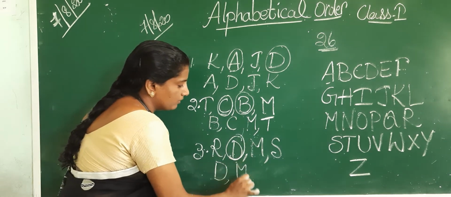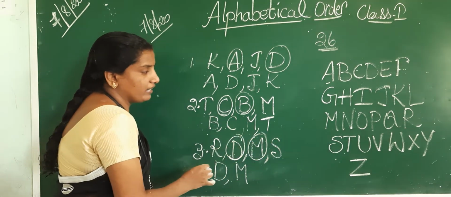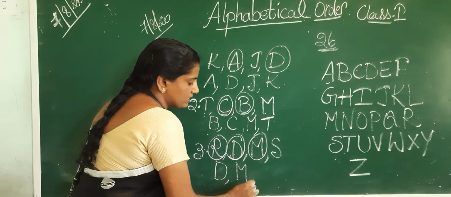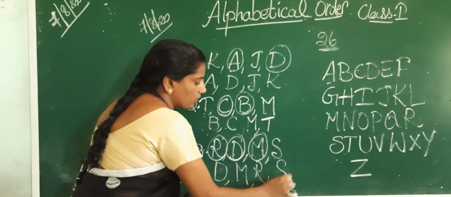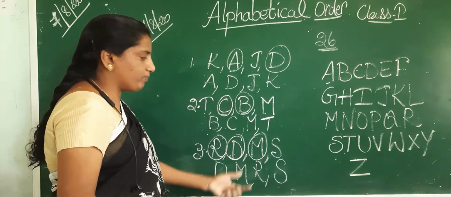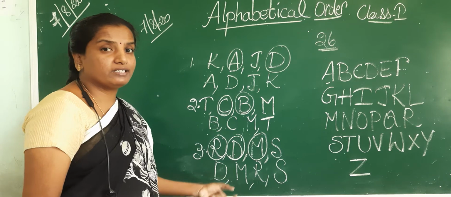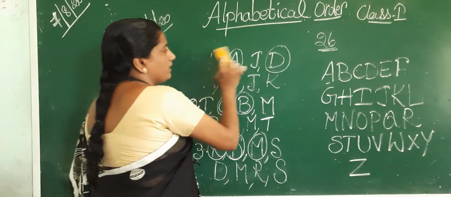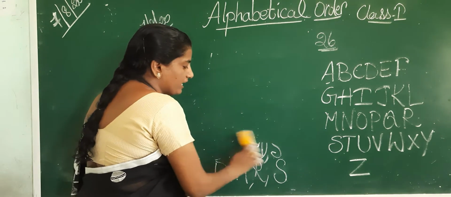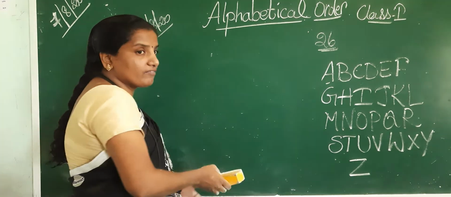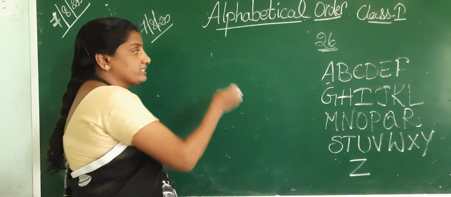M. And next, R. And S. So in this way, children, I gave you a few examples of how to write the given letters in alphabetical order. Let us revise again with a few more examples.